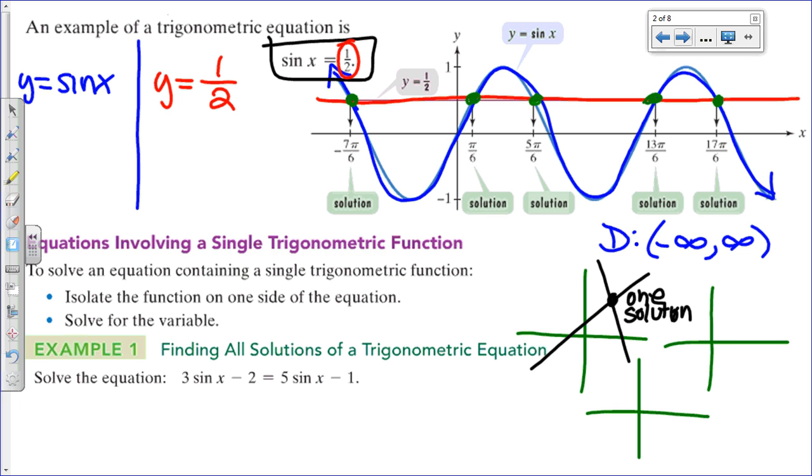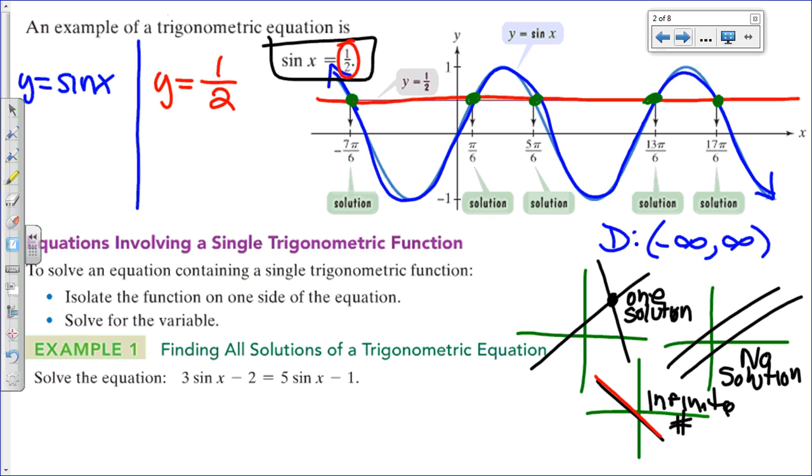Then we had systems that had no solution, which was the case of parallel lines. And then we had the case where one line overlapped another, or it was the same line with the equation written in a different way. And this one had infinitely many solutions.